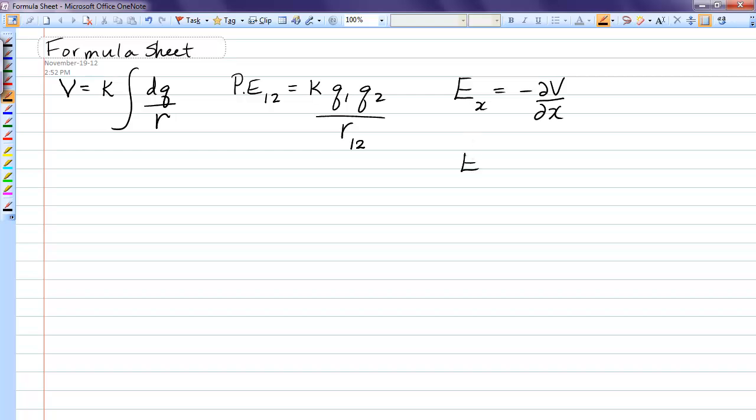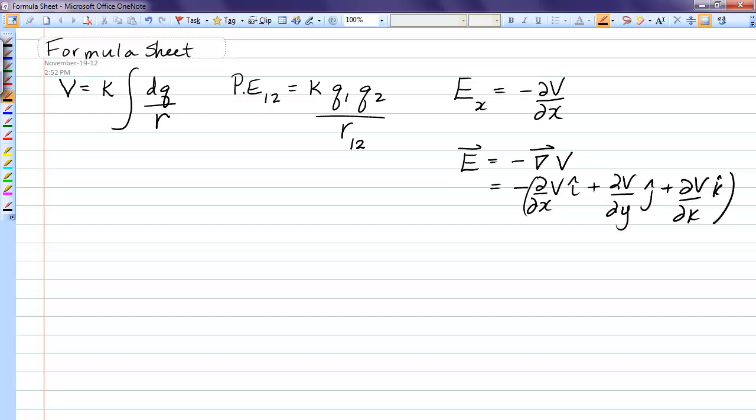So if you're wanting to calculate the entire vector for the electric field, it's the gradient of the voltage, which is the vector operator that gives you 3 components for that electric field. So you take the derivative with respect to x, with respect to y, and with respect to z to get your electric field vector. So that's it for chapter 25.